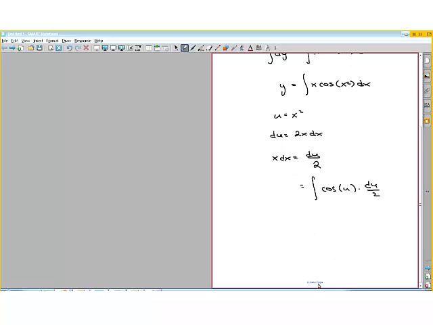We factor out the 1/2, and so we have the cosine of u du. The integral of cosine of u du is equal to the sine of u plus an arbitrary constant c.